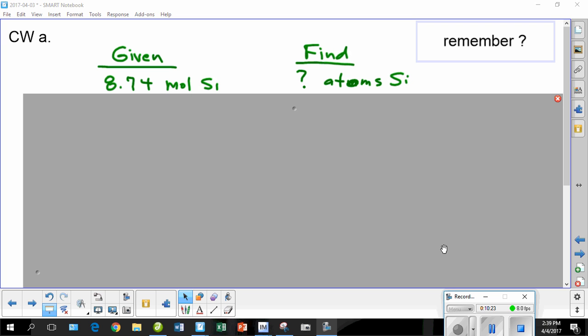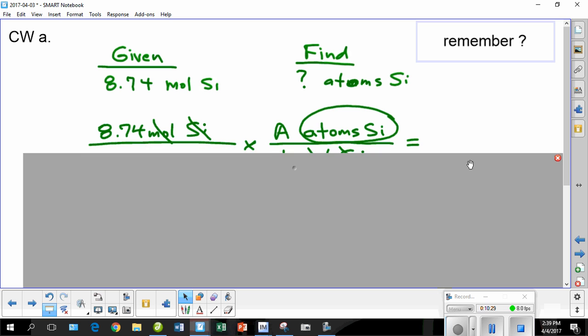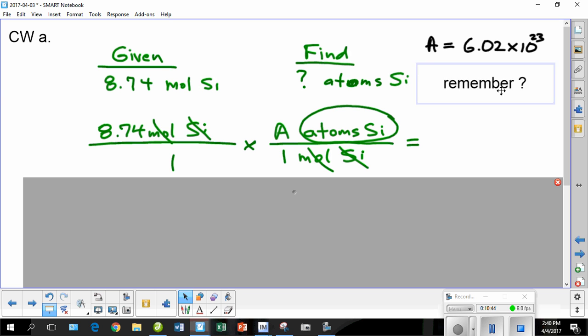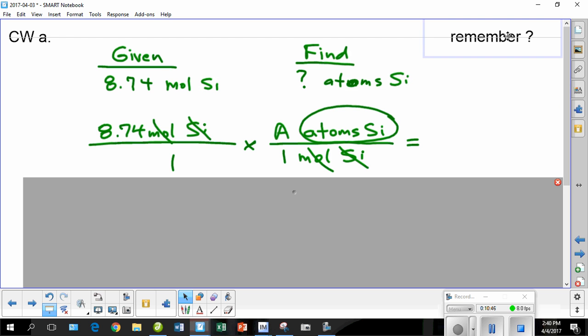Okay, I've just been walking around the class, and most students seem to be getting the idea with this. So what I'd like to do is just reveal it to you real quickly. This is set up as a straight multiply problem because moles is on the bottom, because it has to be to cancel the moles in the given. Since this is that one, that's the number of atoms that equals 1 mole.